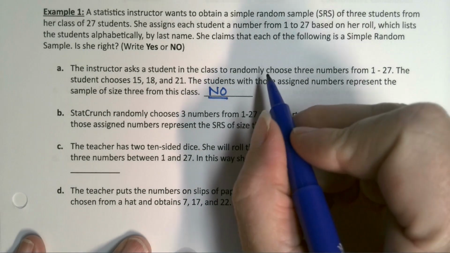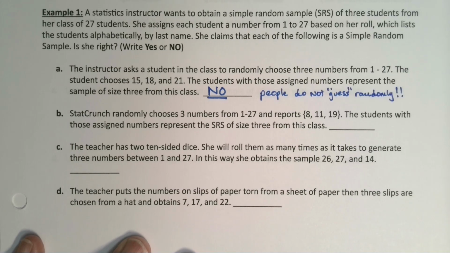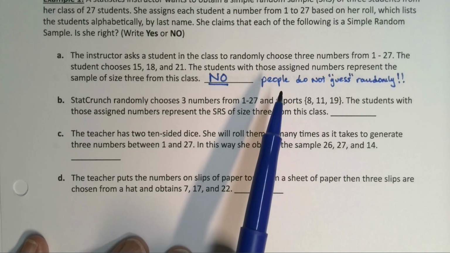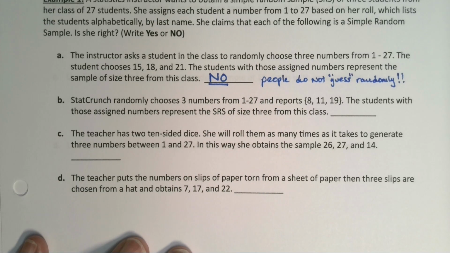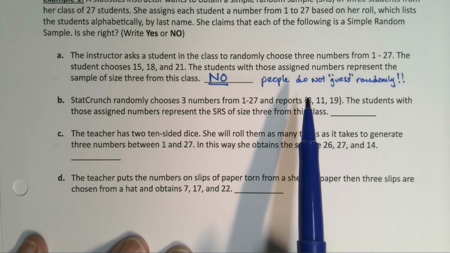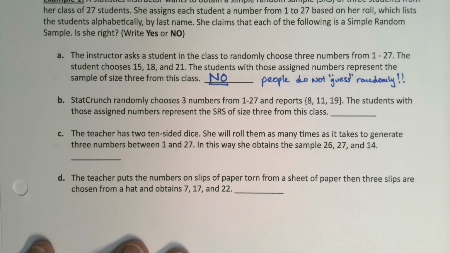But in general, people do not choose randomly when they guess numbers. People tend to guess numbers in patterns. Anybody who's ever watched anything about lottery tickets knows this to be the case because oftentimes they have to split the winnings because they all chose the same numbers. That was more common back in the day.